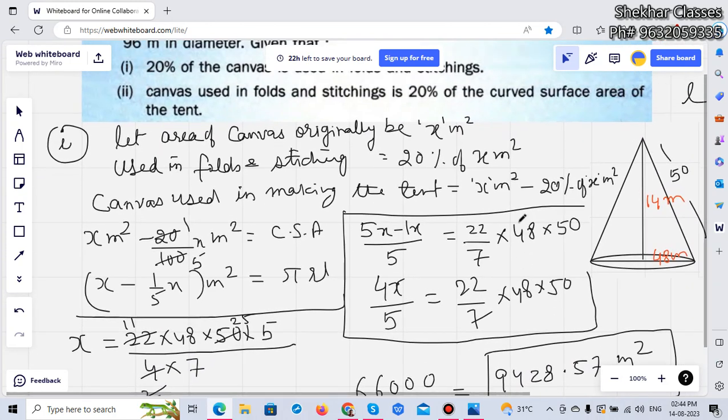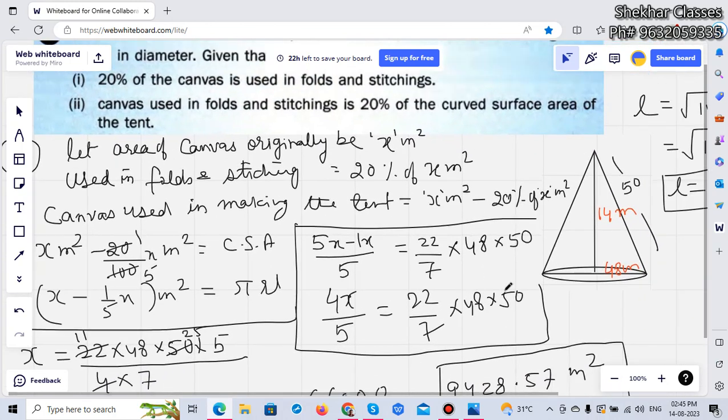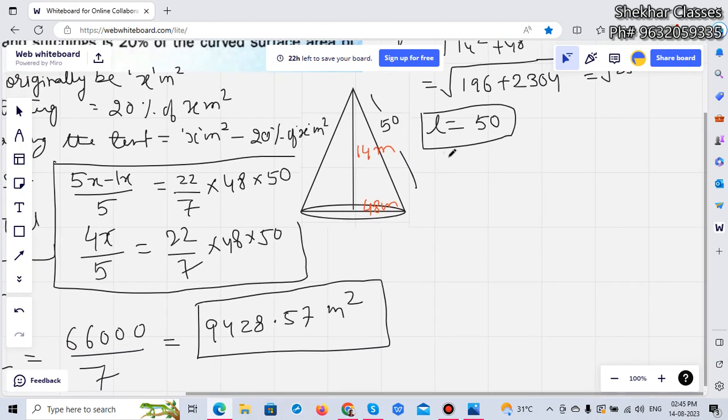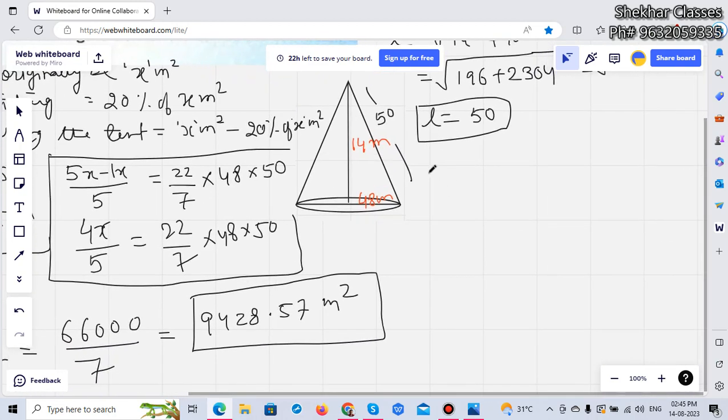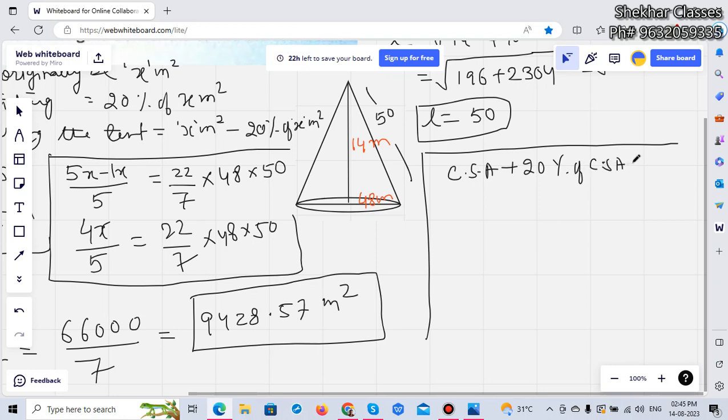fine. Now let's see the next part of it. The next part, it says what canvas used in folds and stitching is 20% of the canvas used. So remember, that is what we have to find here. We have to find curved surface area plus 20% of curved surface area.